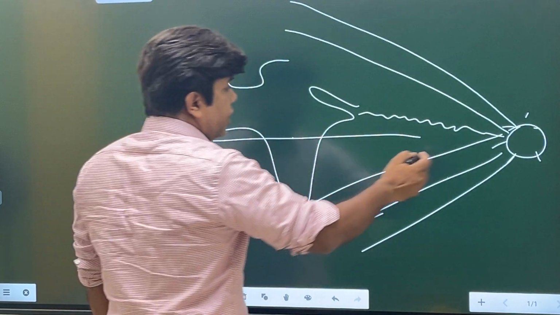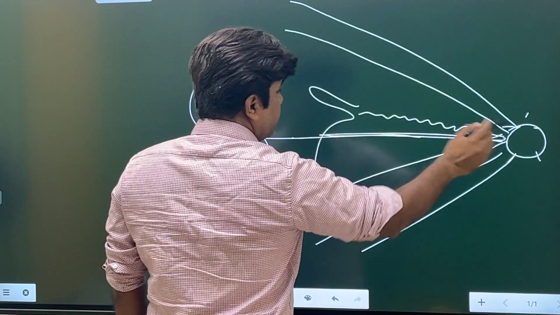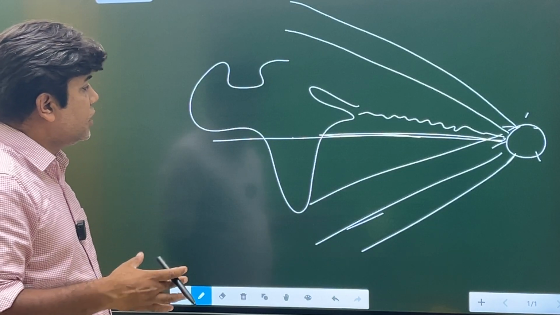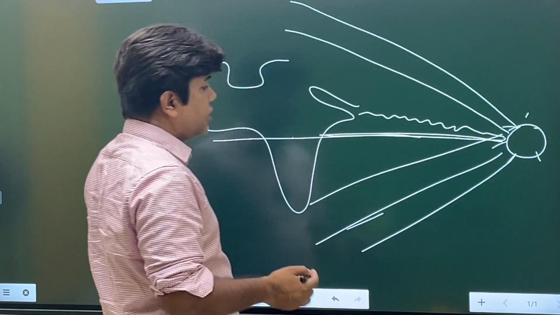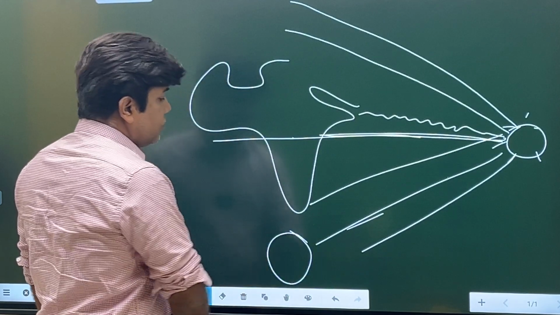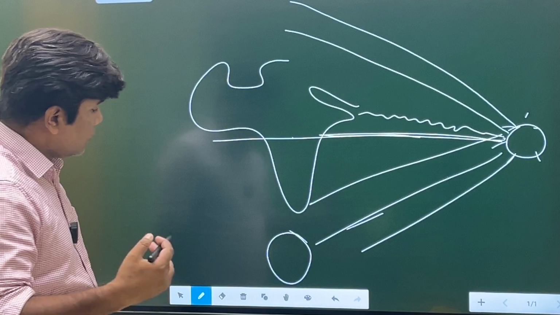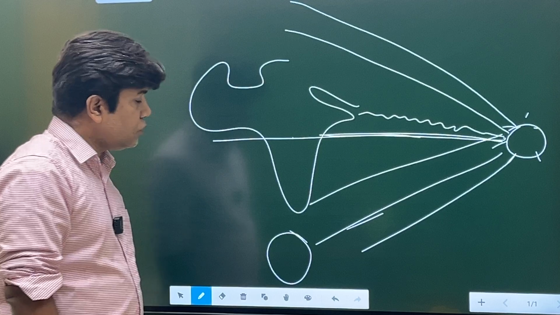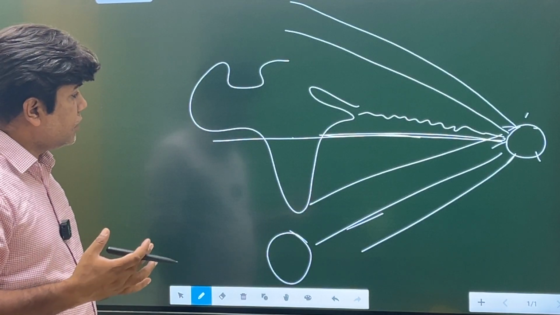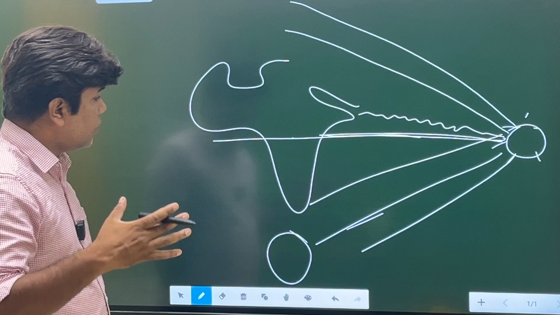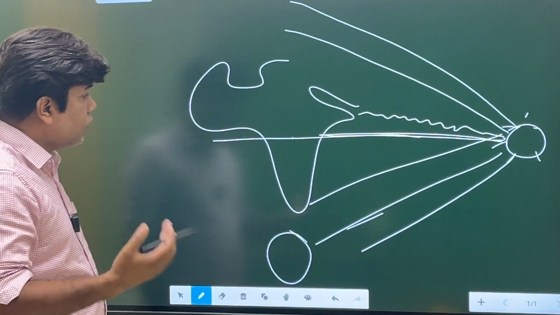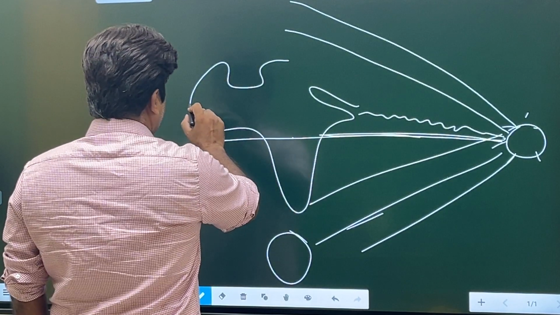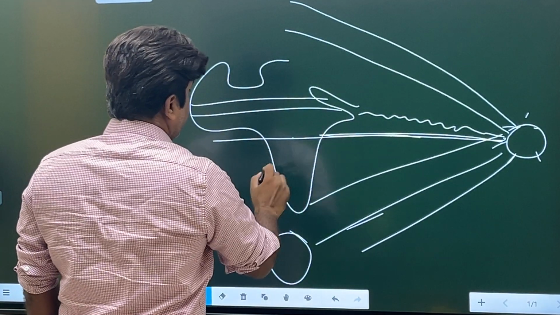That's why at the equator, when they are vertical, they travel a shorter distance, and consequently the dissipation at the equator is less compared to the area where the rays are inclined. So generally latitude determines the horizontal distribution of temperature.